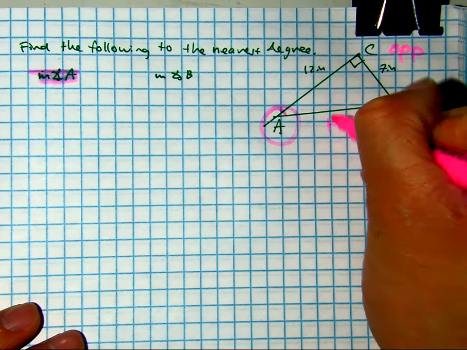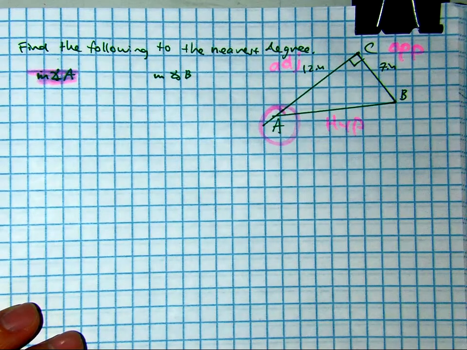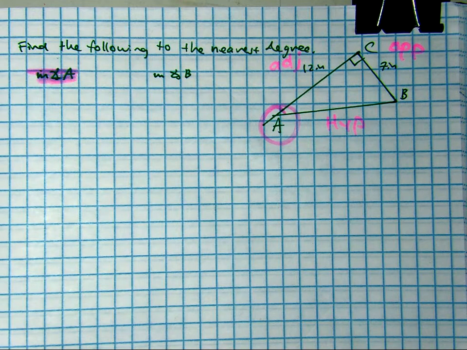Partner B, tell partner A which trig ratio are we going to use? Macy? We're going to be using tangent. Macy, why are we using tangent?